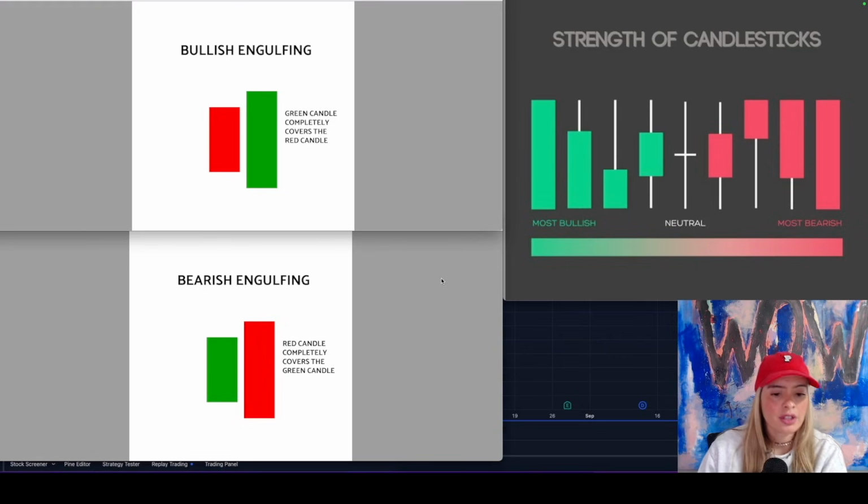candlestick patterns. We have bullish engulfing and bearish engulfing. Basically what it means is if the candlestick, this one is green and it's bigger than the one before that is red, most likely the market is going to start to change direction. So if we have a bearish move and the candlesticks before this one are red, and then you have a green engulfing candle, that means that the market is starting to turn bullish.